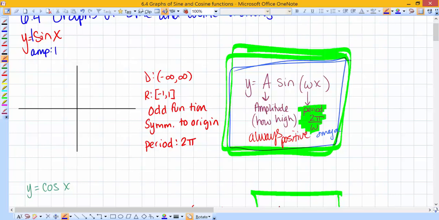When I am looking at the x, again, there's no visible value in front of x. So my omega is also 1. So here's my amplitude, here's my omega. So my period is 2 pi over omega, which is 2 pi over 1. So my period is 2 pi.